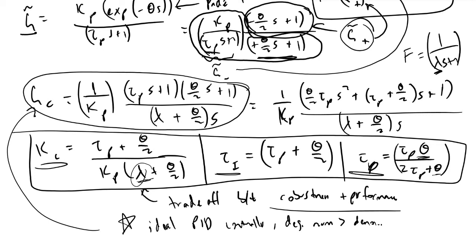It doesn't really exist, and so in practice we would modify our filter, this term here. We would make this a second order filter by squaring this, but it would yield a result that is not a PID controller. And so for the sake of determining what PID tuning parameters we should go with based on the IMC method, this is what we had to do.